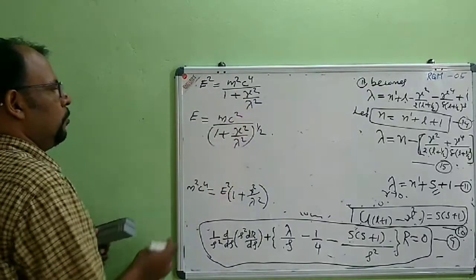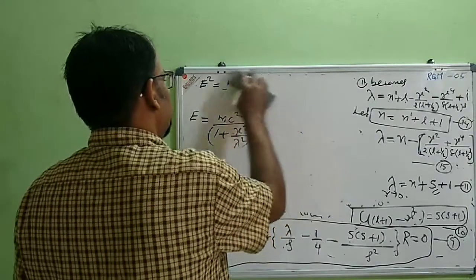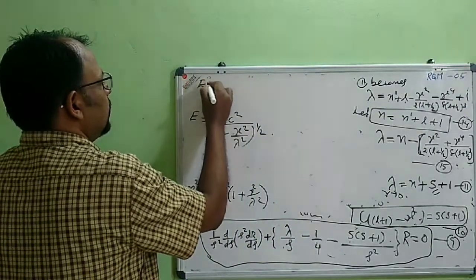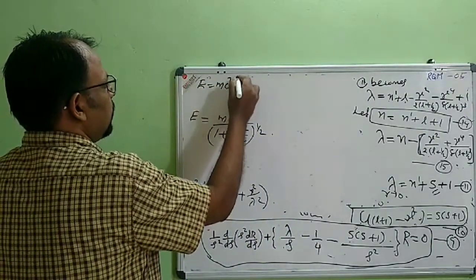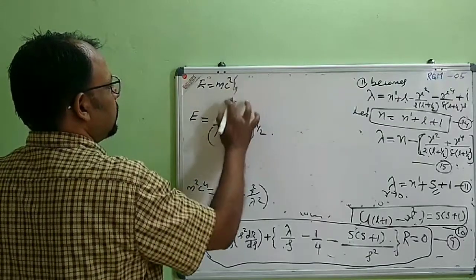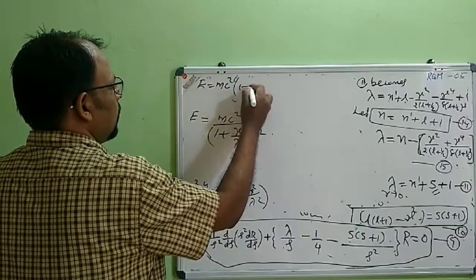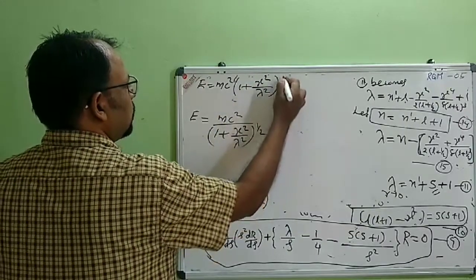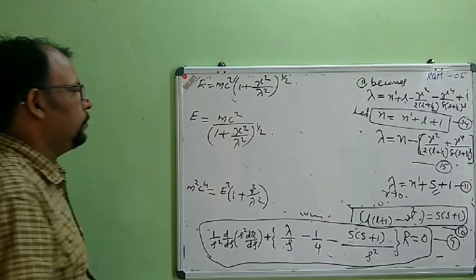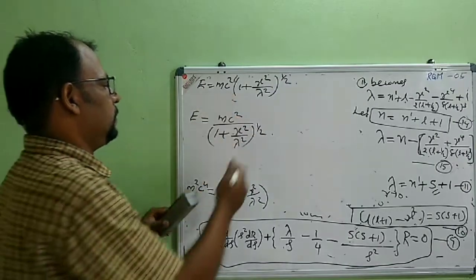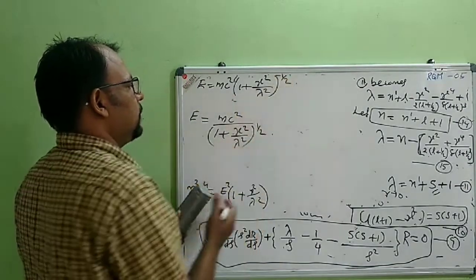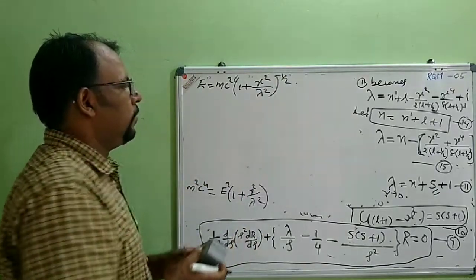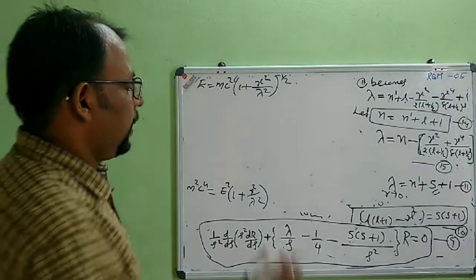Taking this term to the numerator, we can write e equal to mc square into 1 plus gamma square by lambda square, the whole raised to minus 1 by 2.